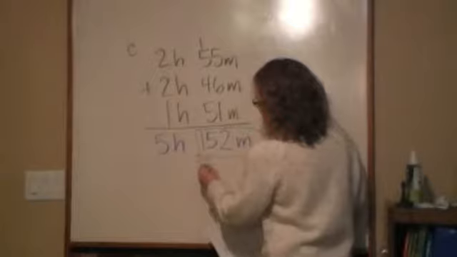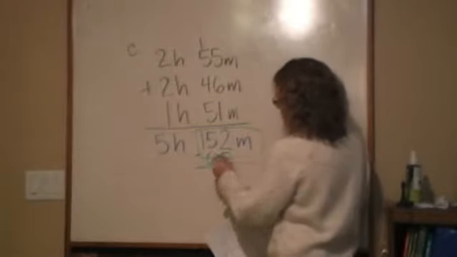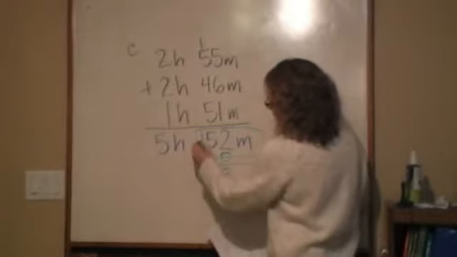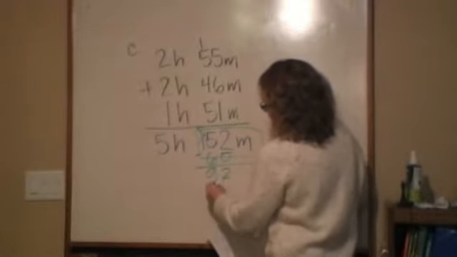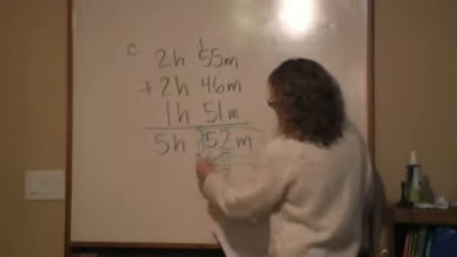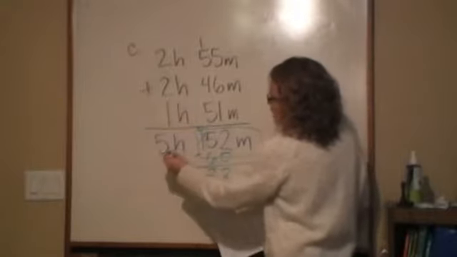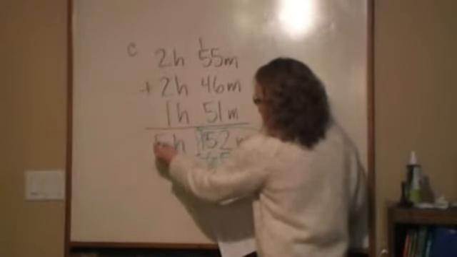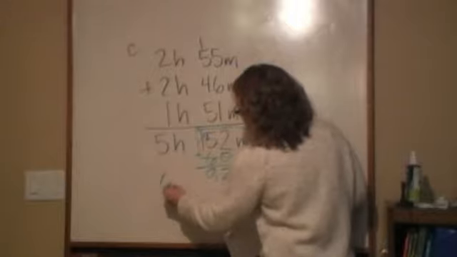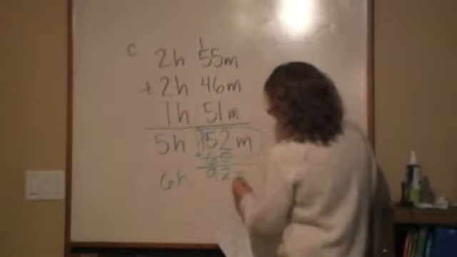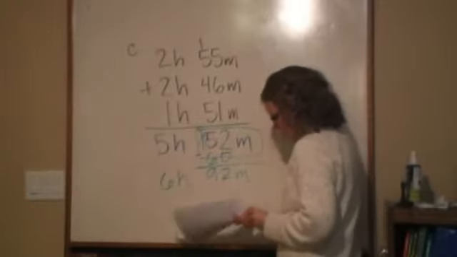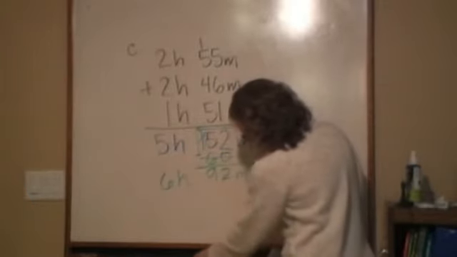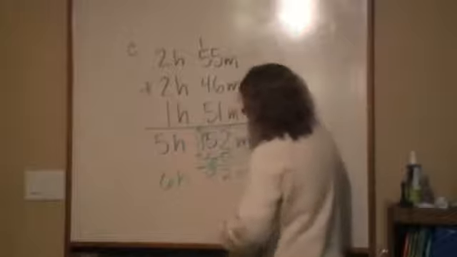So if I take away 60 in here, this is a little tricky, 2, and then 15 minus 6 is 9. If I take away an hour here, I'm going to add the hour here. So it's going to be 6 hours and 92 minutes. Well, this is still over an hour.